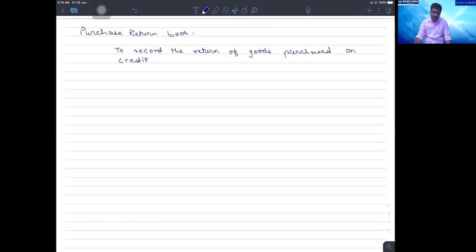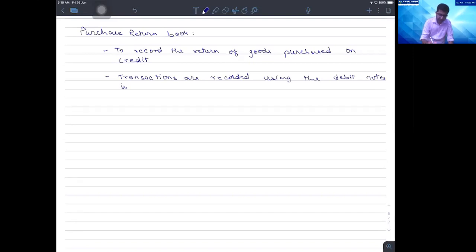Further, remember that these transactions are recorded using the debit notes issued to suppliers for return.